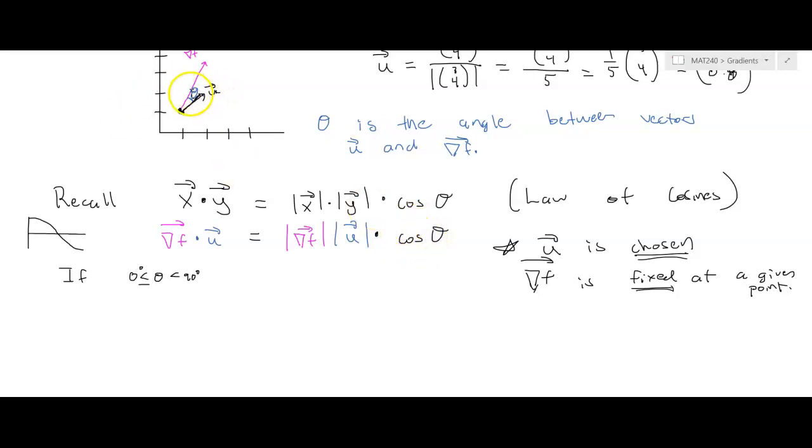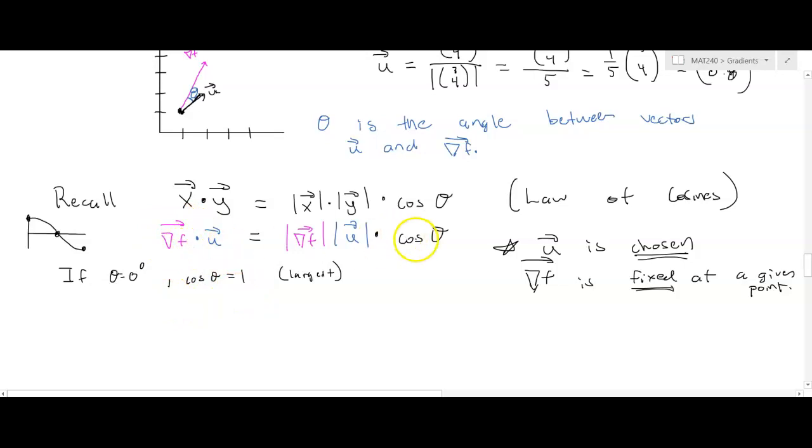Recall that theta is just the direction that we move in relative to the gradient vector. So if we go ahead and say that theta is equal to 0, cosine of theta is equal to 1, which is the largest possible cosine theta you can have. Positive 1 is the biggest, negative 1 is the smallest, 0 is, of course, 0. So if theta is equal to 0 degrees, cosine of theta is equal to 1.